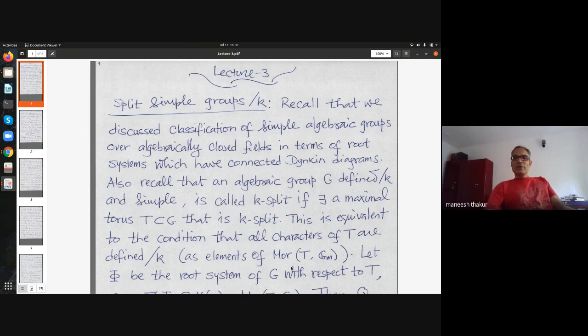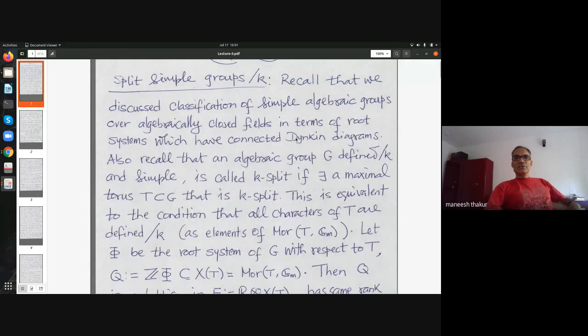Just to begin with, let's quickly go through how one gets split simple groups over a given field. So by split, let's fix a simple group defined over the base field. We call it split over the field if it has a maximal torus which is K-split.